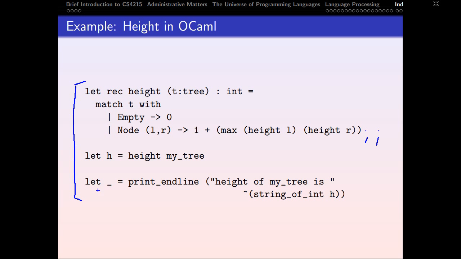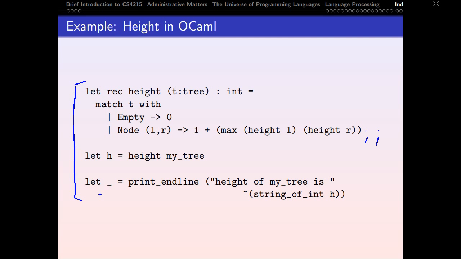You have to assign it to an anonymous variable. If you're typing it in the interactive environment, you can leave this out, but if you're inside a file that you want to compile, you can't. You have to use the anonymous variable.